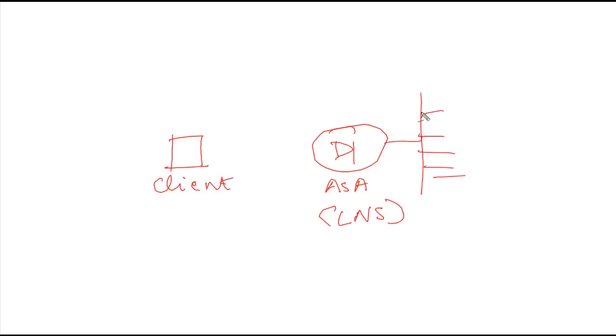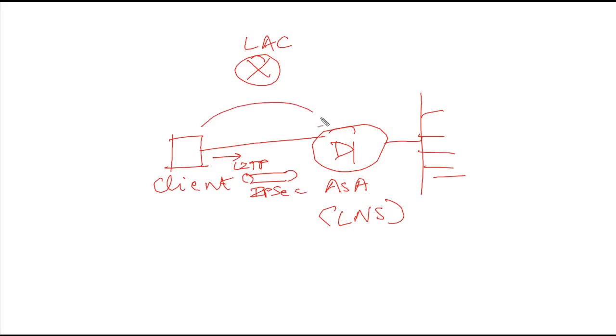Now, for the client to access the protected network, without the presence of an LAC, the client can directly connect to the ASA and tunnel the L2TP packets through an established IPSEC tunnel. So what the client does is initially it sets up an IPSEC tunnel between itself and the ASA, and then through that it tunnels the L2TP packets.